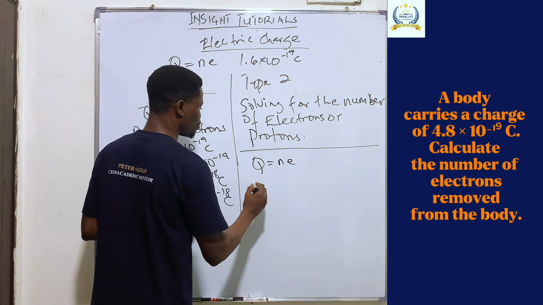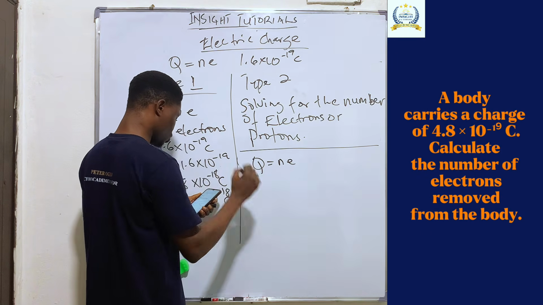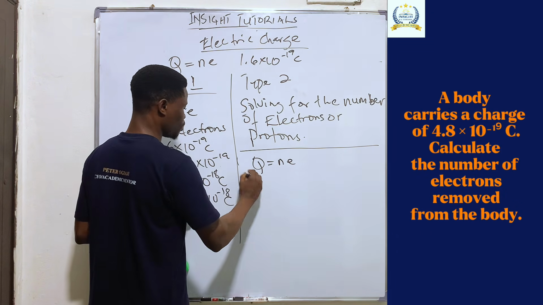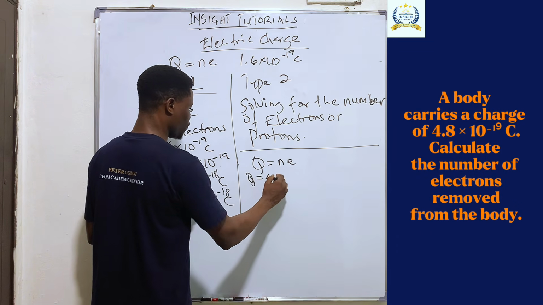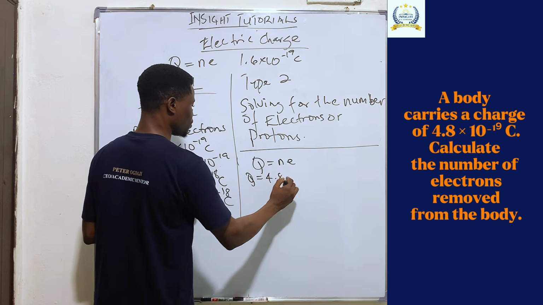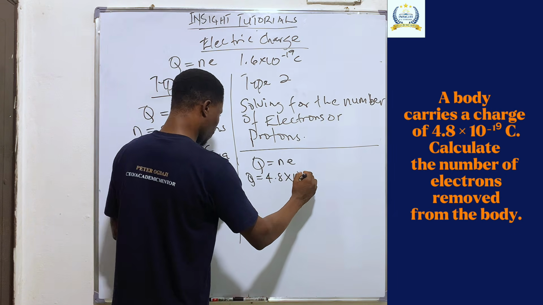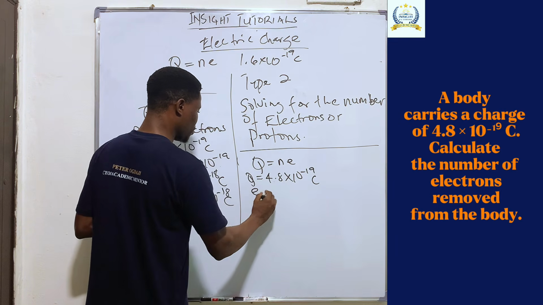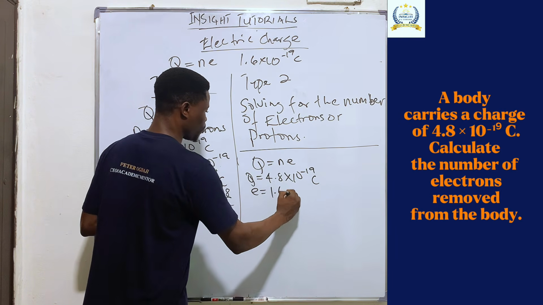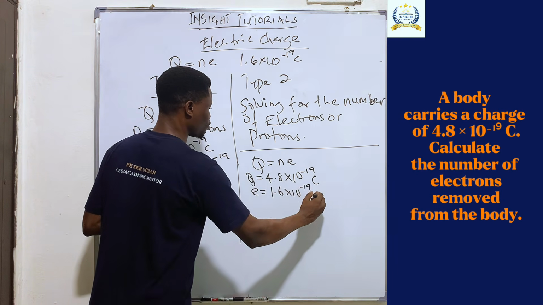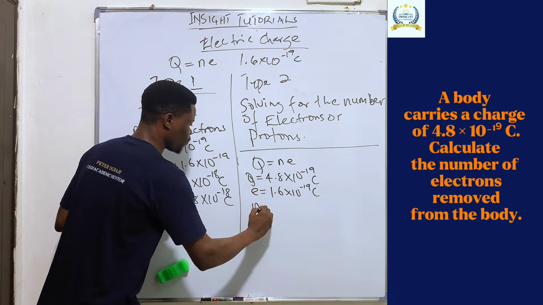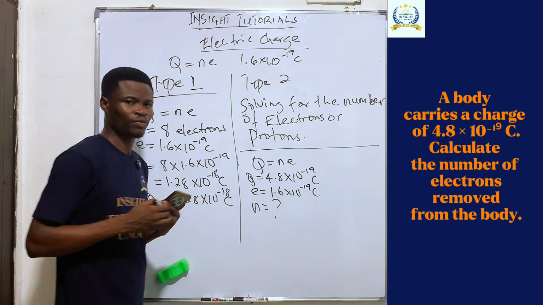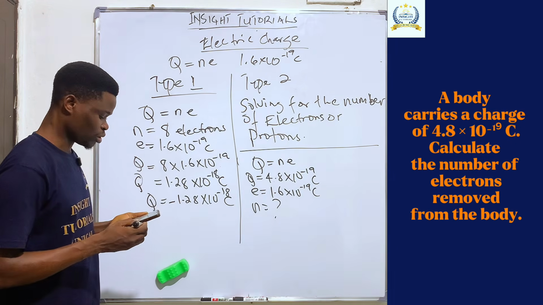And in this case, we are given the total charge of this body. So the total charge of this body is 4.8 times 10 raised to the power of minus 19 coulomb. And remember that the elementary charge is a constant, 1.6 times 10 to the power of minus 19 coulomb. And we're told to find the number of electrons that this body will possess.